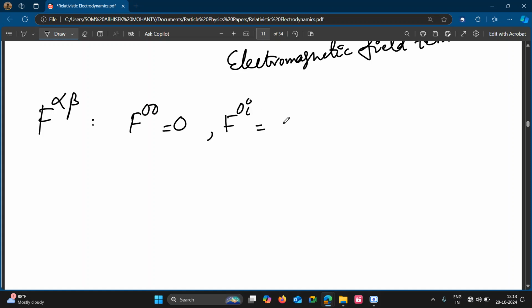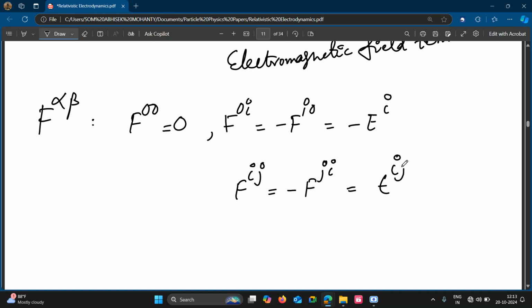F0i is equal to minus Fi0 is equal to minus Ei, the electric field component. Fij is equal to minus Fji is equal to epsilon ijk Bk.